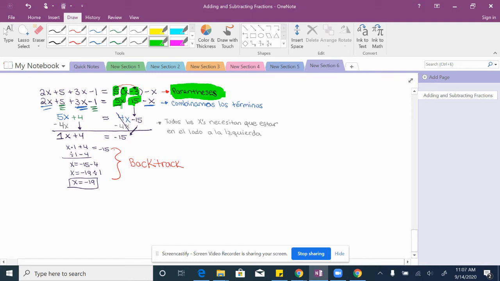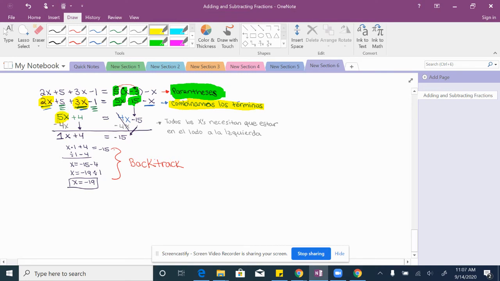We bring down everything. Then we combine the terms. These are like terms because they both have x.